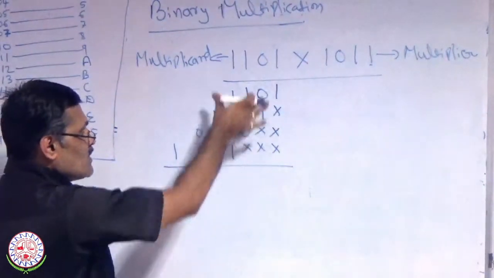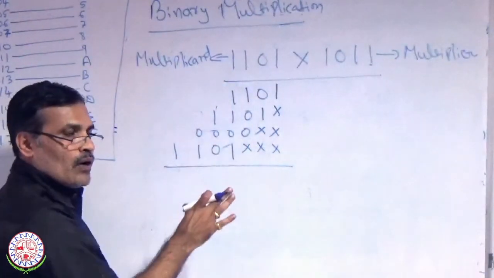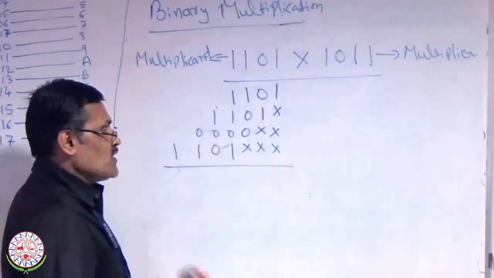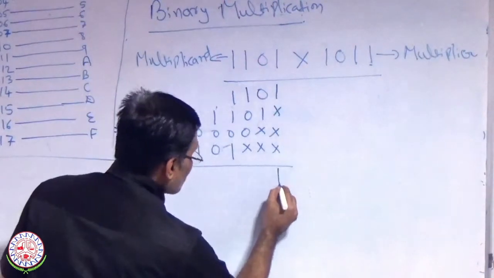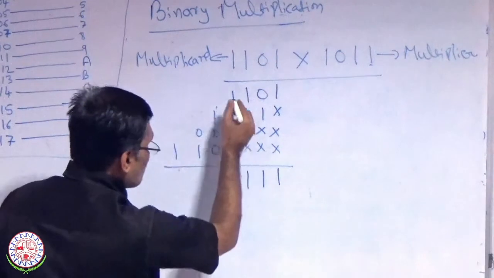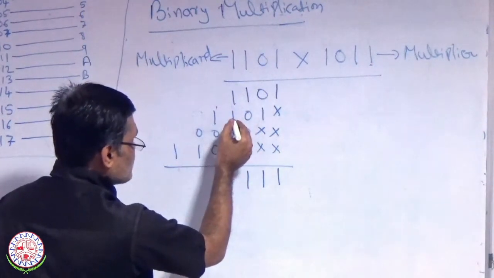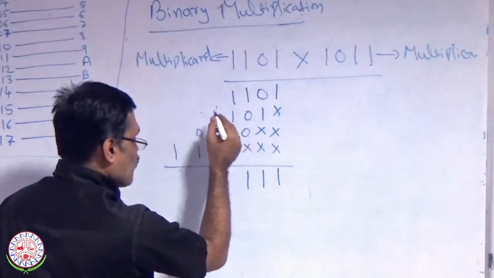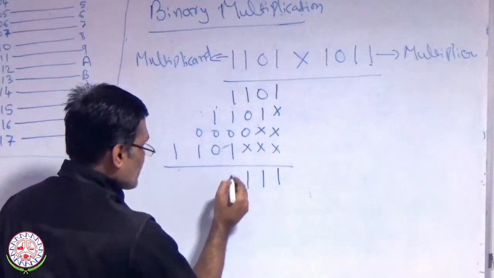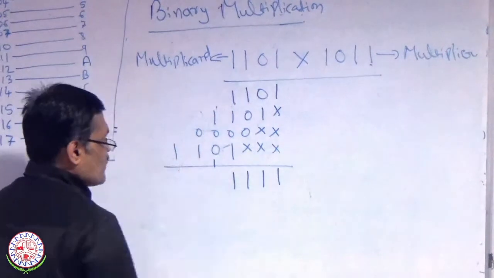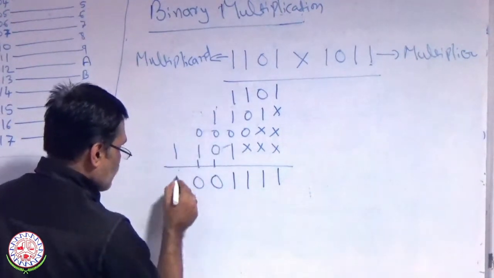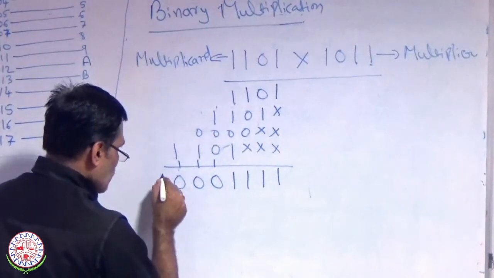Then after doing this, just add up all the binary numbers following the rules we have followed in binary addition. So this is 1 as it is. 0 plus 1 is 1. 1 plus 0 is 1. 1 plus 1 is 0 sum, carry is 1. Then 0 plus 0 is 0, then 0 plus 1 is 1, carry 1. So 1 plus 1 is 0 with carry 1, so again 0, 1, so carry 0.